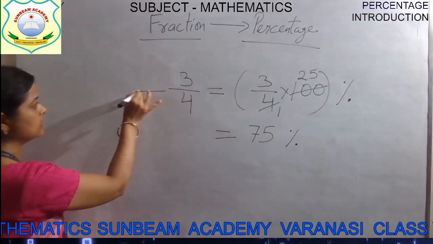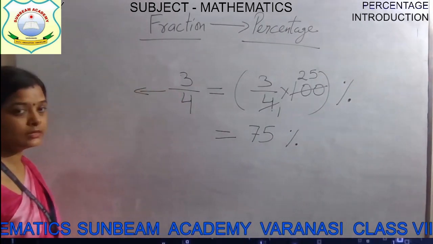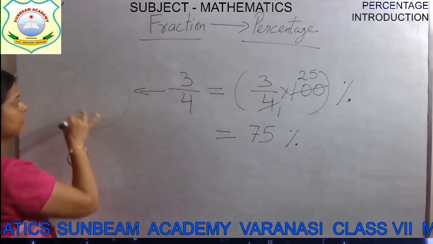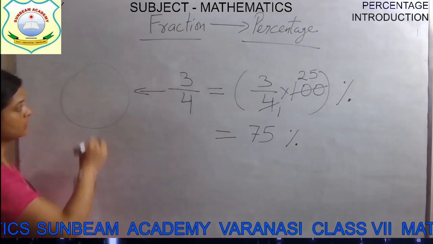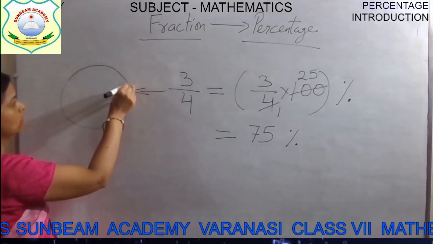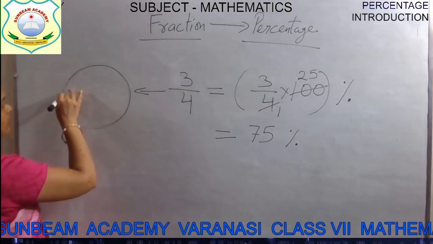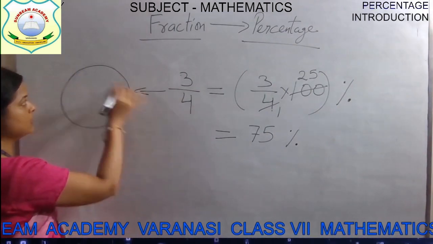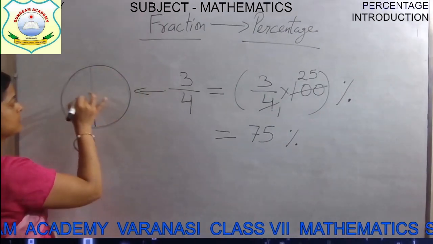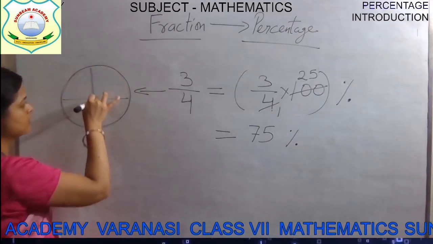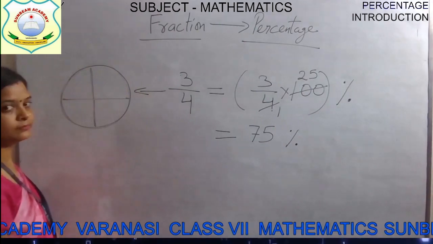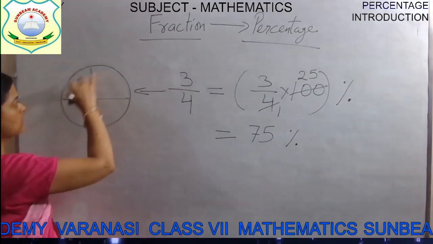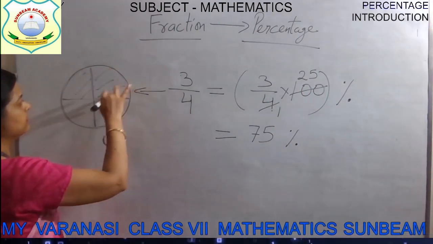And if you see its fractional form in graphical view, if you have a circle, it's not looking clear. I think now it is visible. Out of 4 means you should have 4 equal parts, so make 4 equal parts, children. 3 by 4 means you have 3 parts.